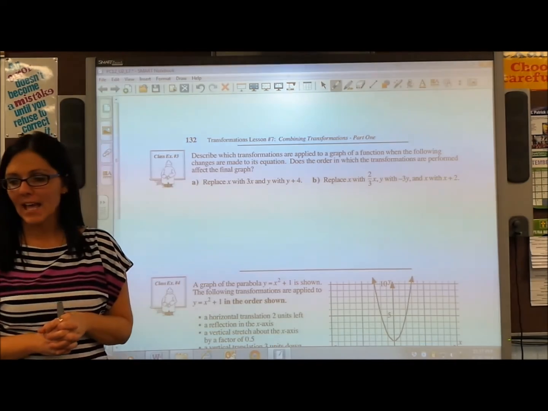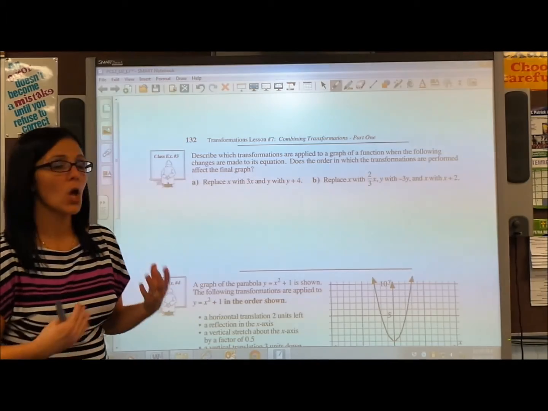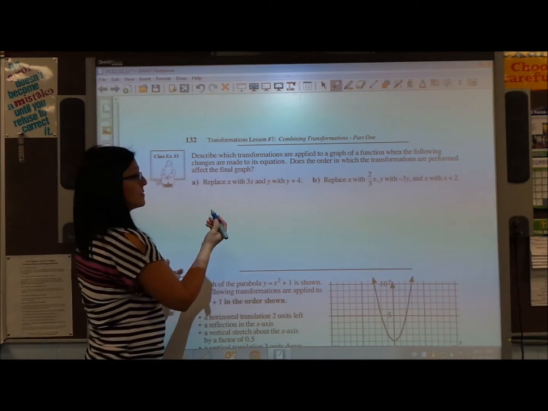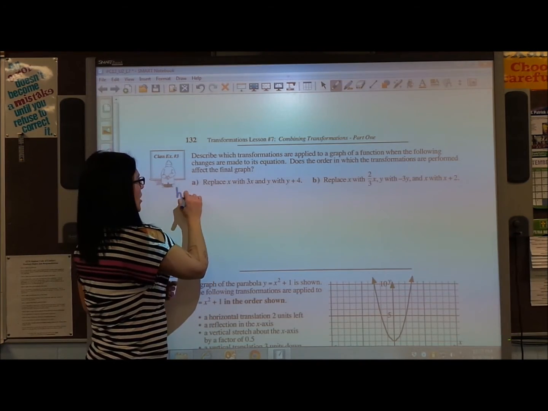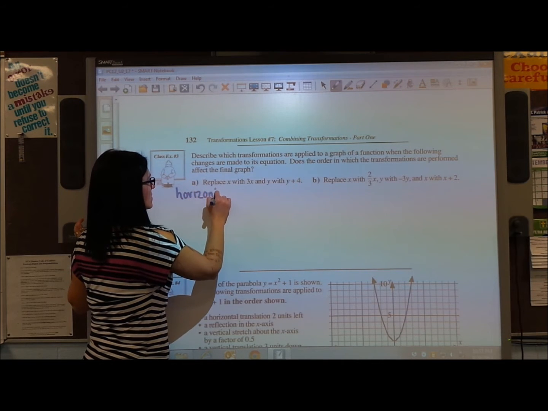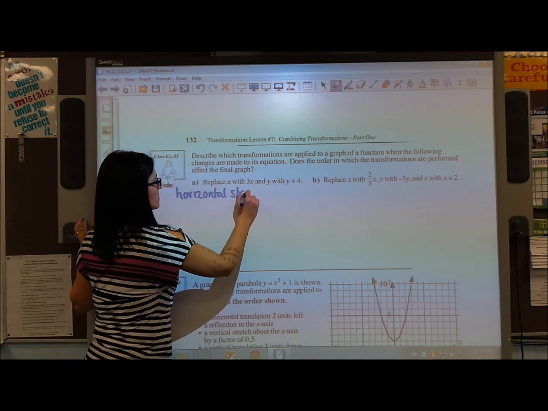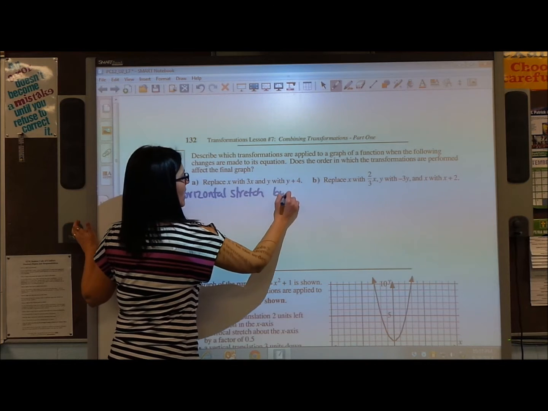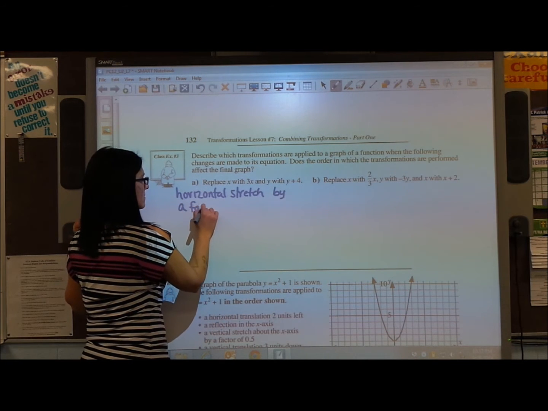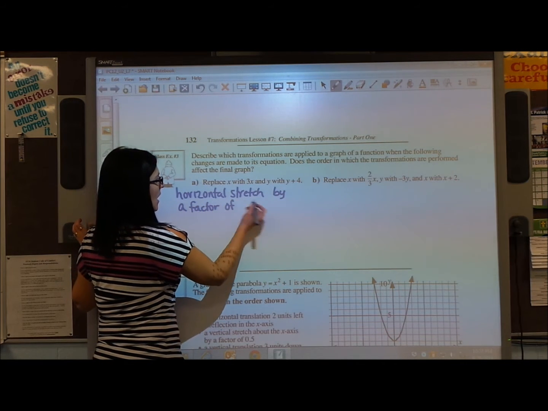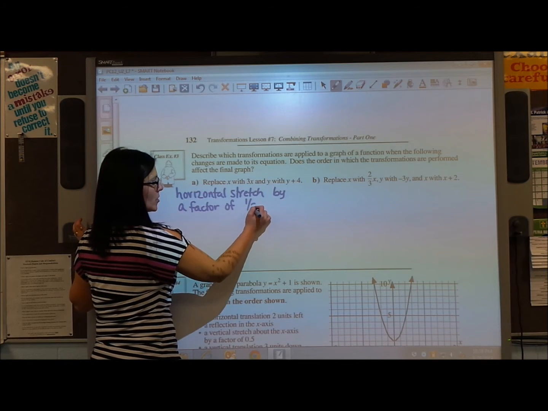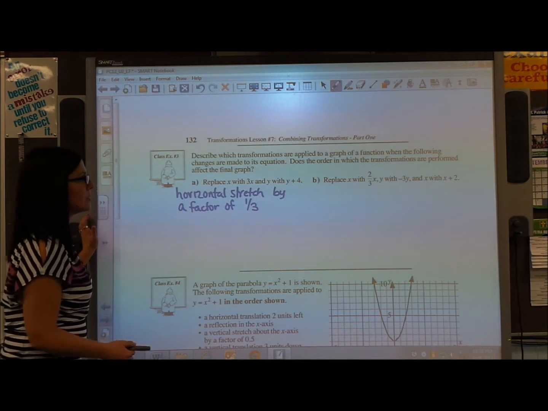So if I replace x with a 3x, what do I have? I will have a horizontal stretch by a factor of 1/3, because it's going to be the reciprocal.